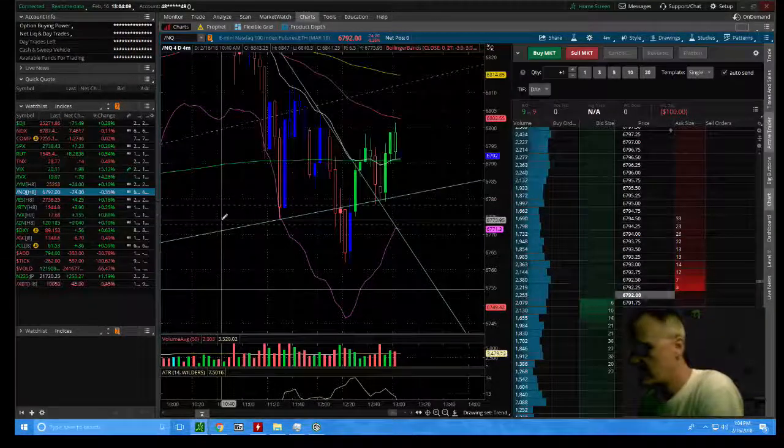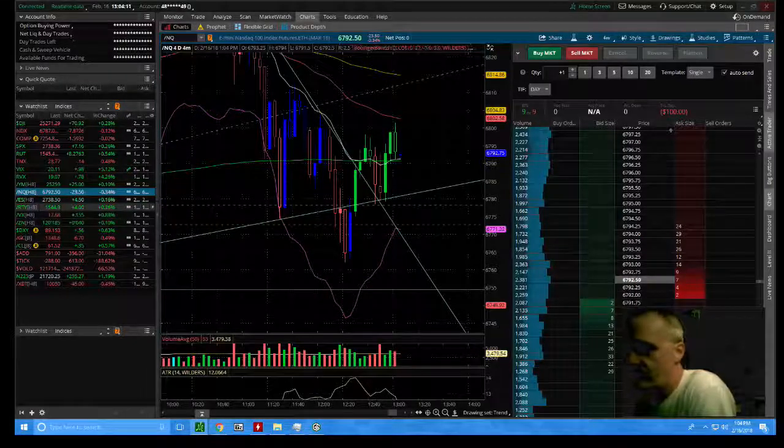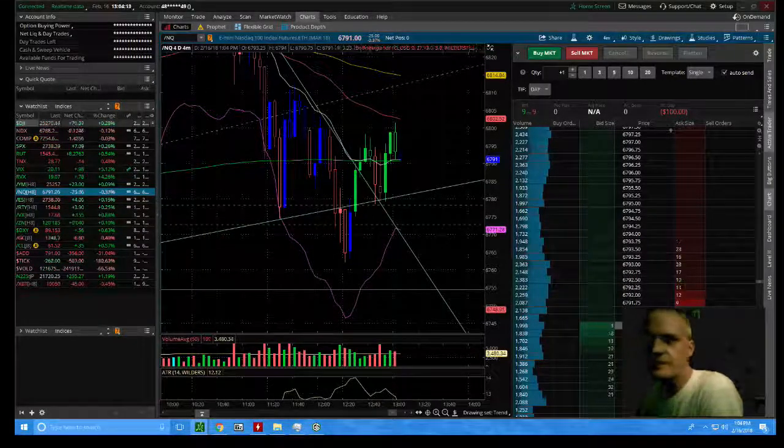Right now, this price action is so volatile, you just can't afford to give it a chance to steal from you.